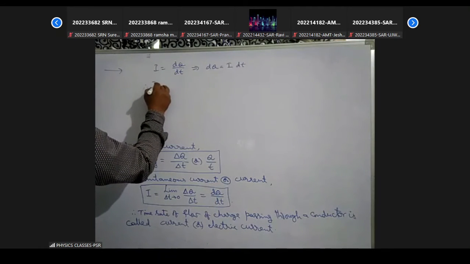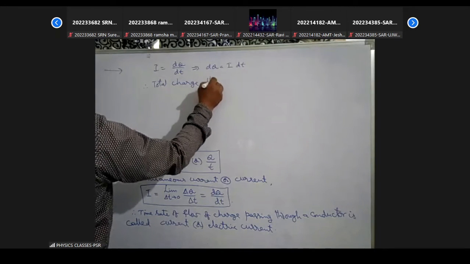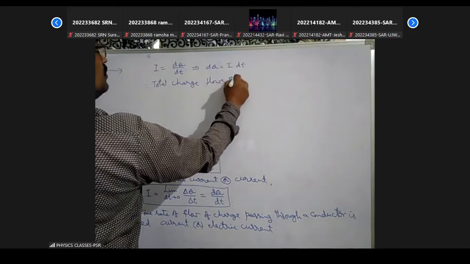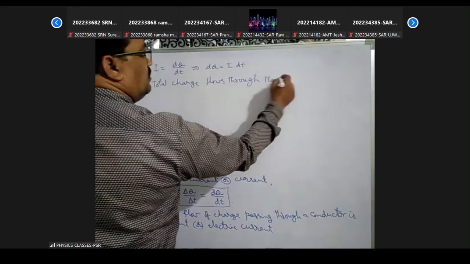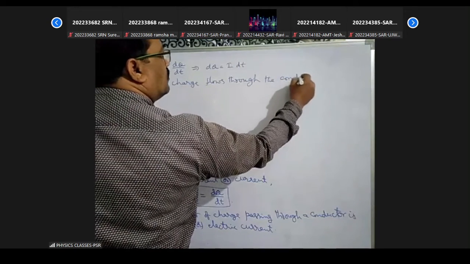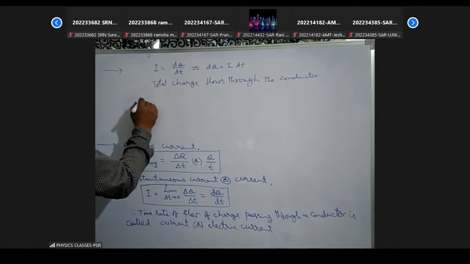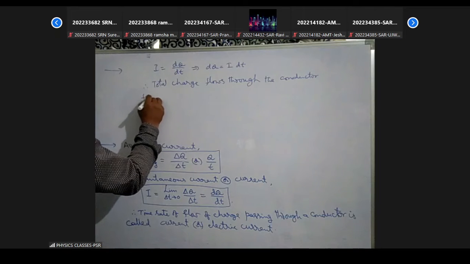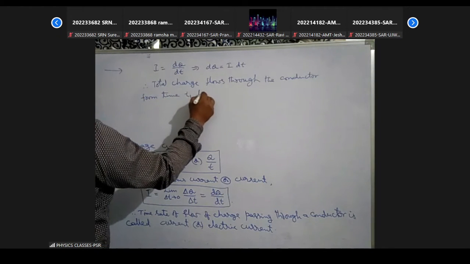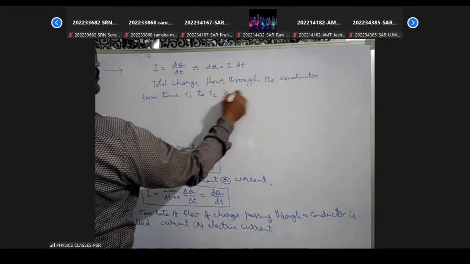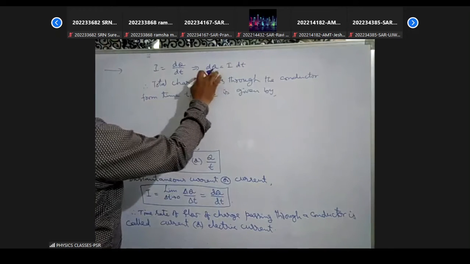Therefore, the total charge flowing through the conductor from time t1 to t2 is given by, how can you get the total charge?